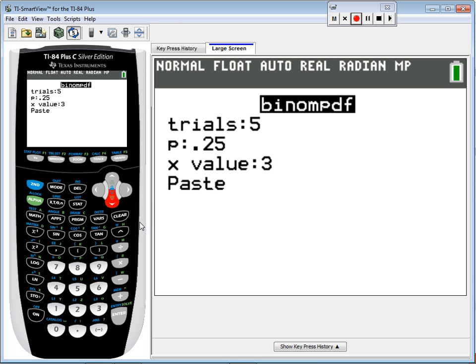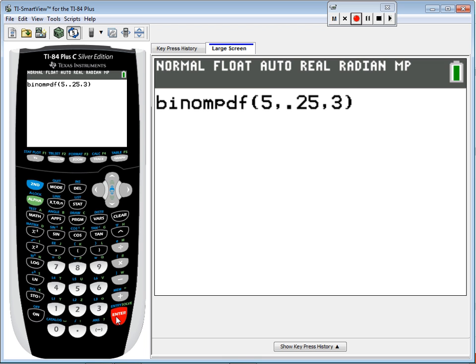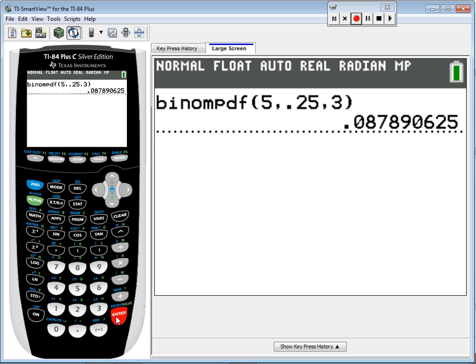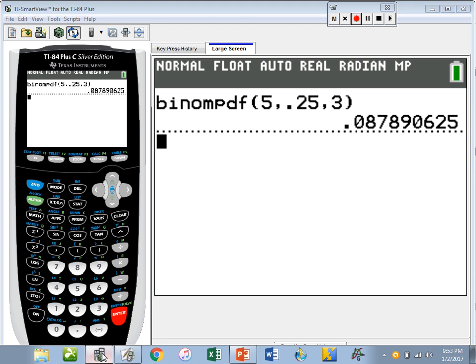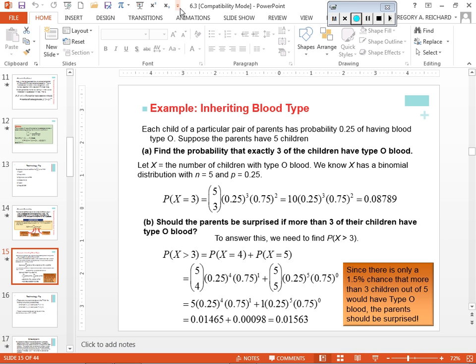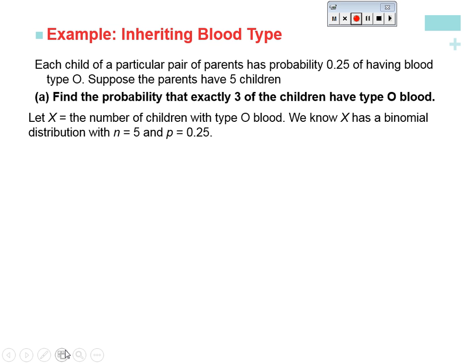Then I paste this in, and this will give you the probability without having to use the formula. Very helpful. So the binomial PDF is good to use when finding the probability of exactly a certain number. And that was part A.